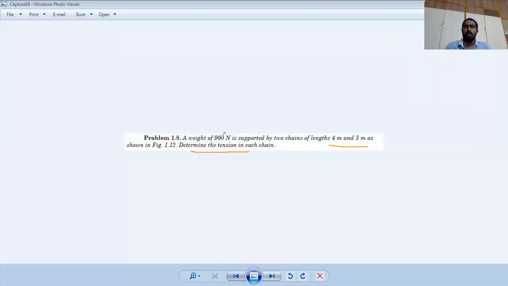Here he has given lengths, so by using these lengths we need to find out the angles. After getting the angles, we have to calculate the tensions in each chain.